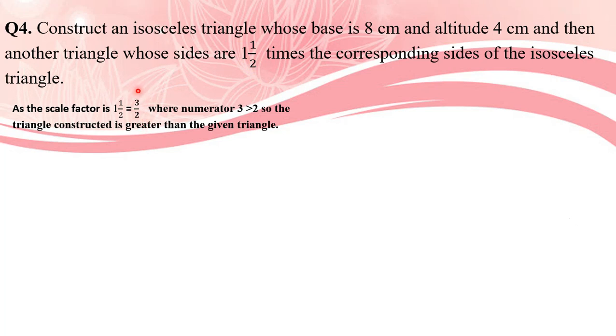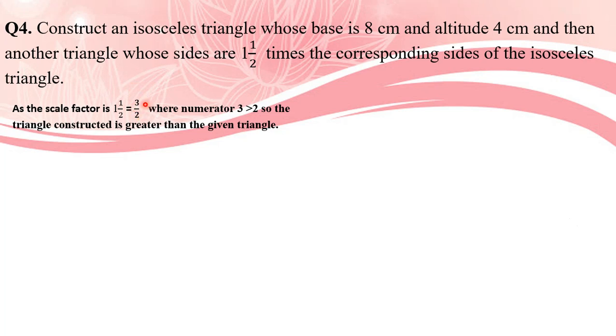Now the important point here is that the numerator 3 is greater than the denominator 2, as the scale factor is given 3 by 2. So we have to construct a triangle which is greater than the given triangle.